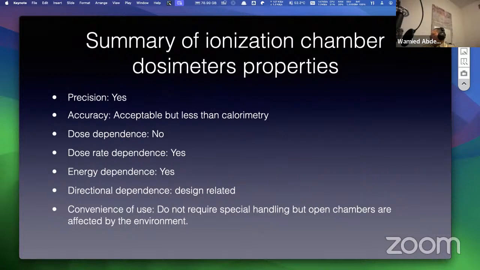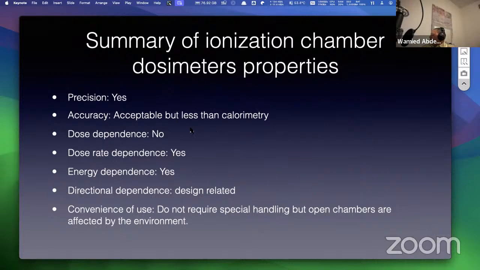So if the volume of the chamber is large, then often that non-dosimetric signal is very, very small. But the problem comes when the dosimetric signal is low, comparable to this Compton current. Then we need to do some corrections there, whether polarity effect corrections or whatever.